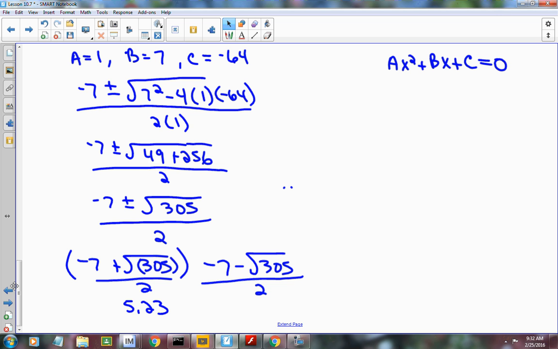Okay, now if you have these new calculators, the CEs, just get out from underneath the radical. You may not want a parenthesis. If you've got those CEs, yours is going to look more like open parenthesis, negative 7 plus, and you're going to put the 305.